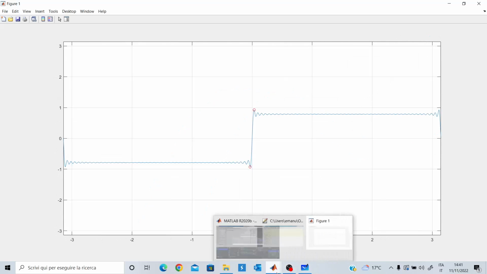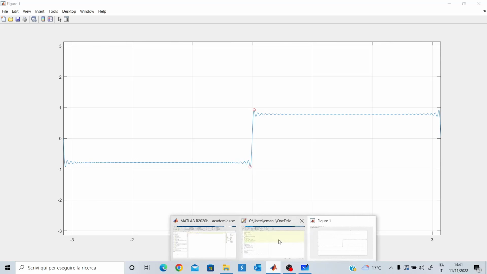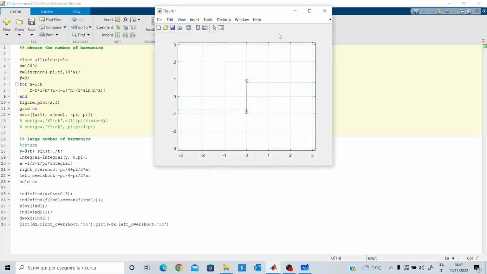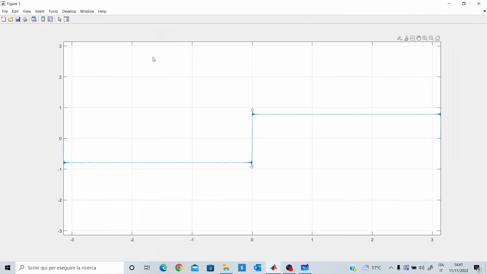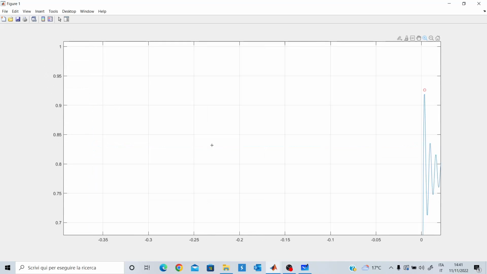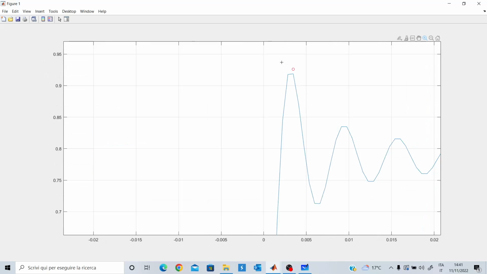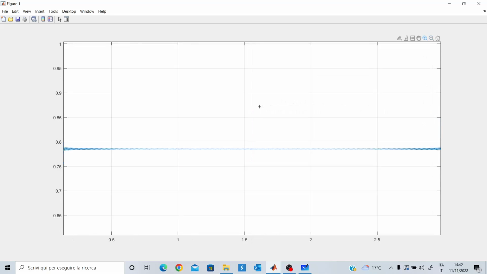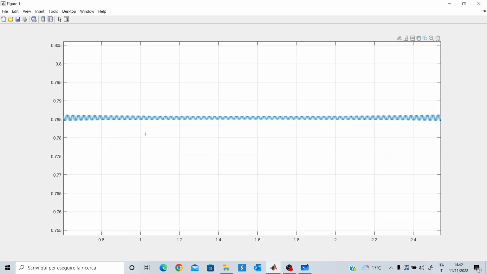And then if we increase the number of harmonics to 1000, this is what we get. You can see that near x equal to 0 we still get an overshoot, and this overshoot is getting closer to x equal to 0. And here in this interval you can see that the approximation gets better and better.